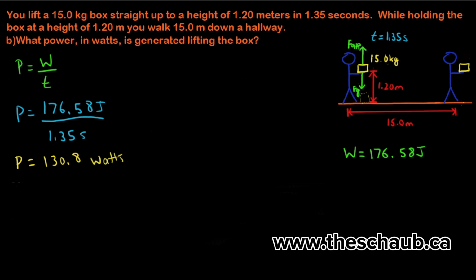And this rounds to a final answer of 131 watts. What power in watts is generated lifting the box? 131 watts is generated. Let's just write this power on the side here, the unrounded value, so we can use it in part C.